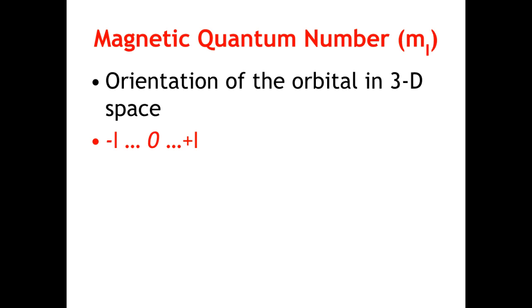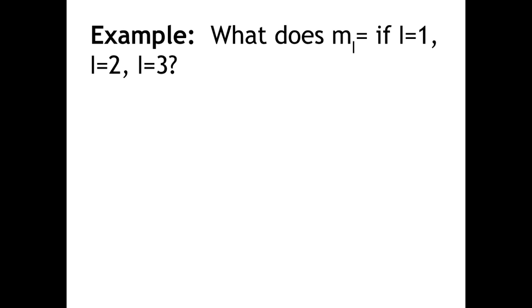It is represented by negative l, yes, l, the angular momentum quantum number, 0, and a positive l. And what does that look like? Let's do an example. So, what's m subscript l, which is the magnetic quantum number? I want y'all to start thinking that when you see m sub l, you think of magnetic quantum number.